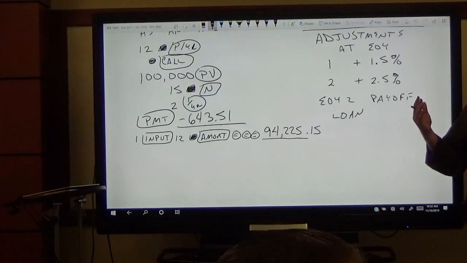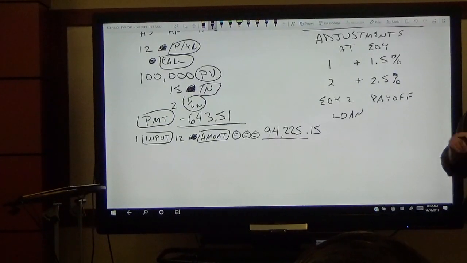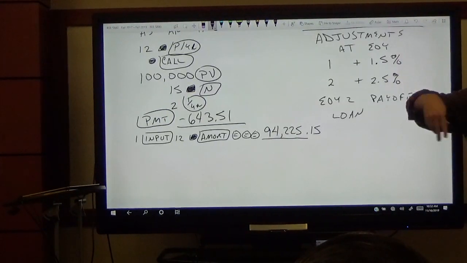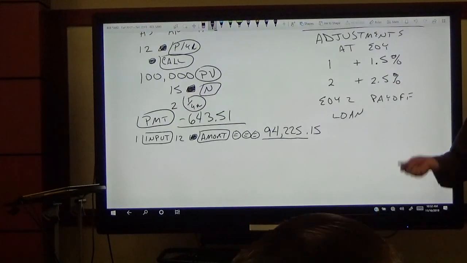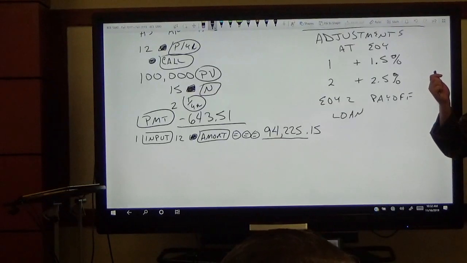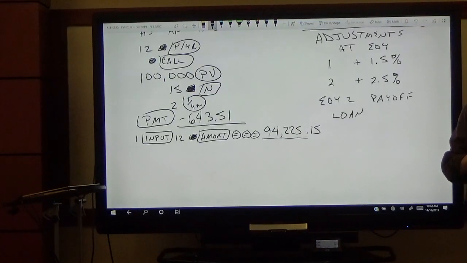So therefore, we want that reflected in the amount that we're actually lending you or have lent you. So in other words, they're basically saying you owe us more money because the property value has gone up. Does that make sense? So they're stealing your equity. That is the perfect way to think of it. Those thieves. They are stealing your equity, okay? Good.